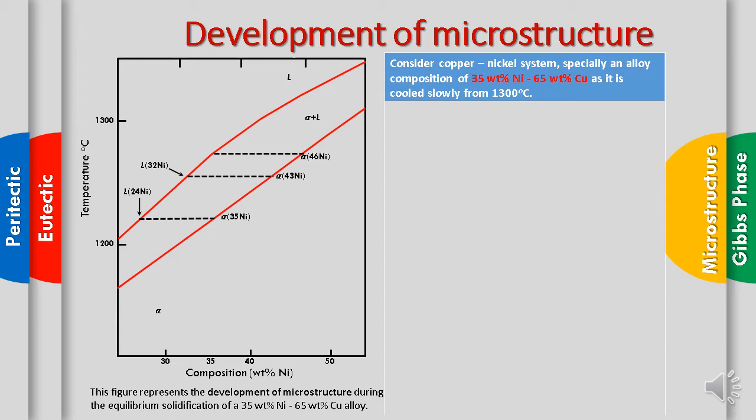In order to look at what will happen to the microstructure of the copper nickel composition, we will draw one line of composition starting from 35 weight percent of nickel and project it all the way up, and it will intersect with this line and also with this line.